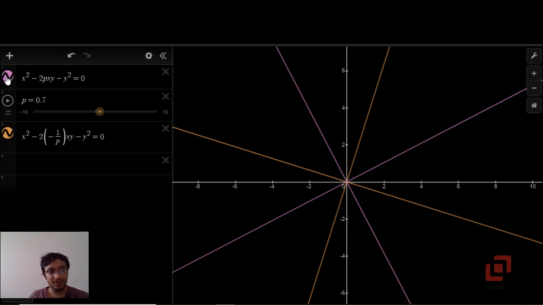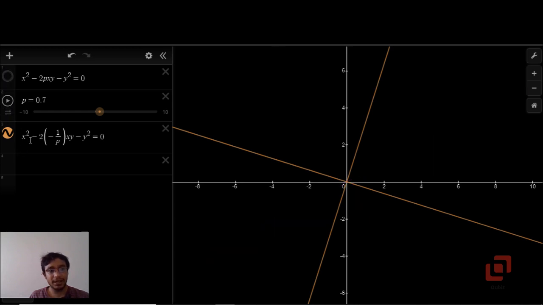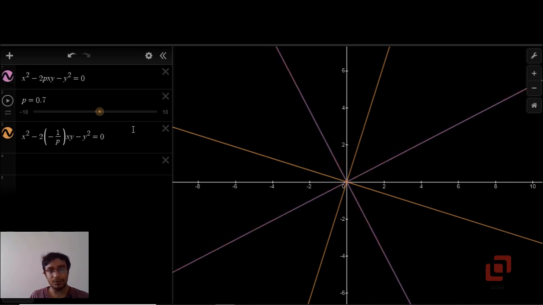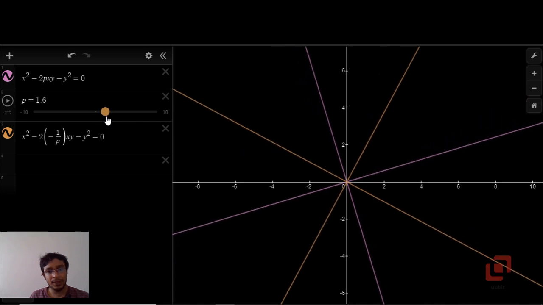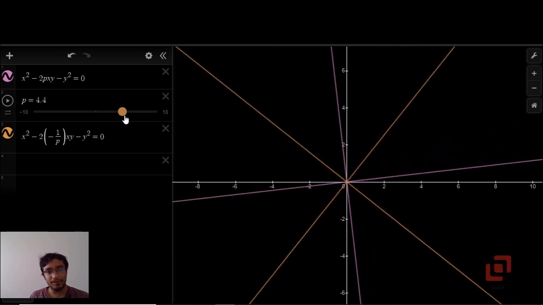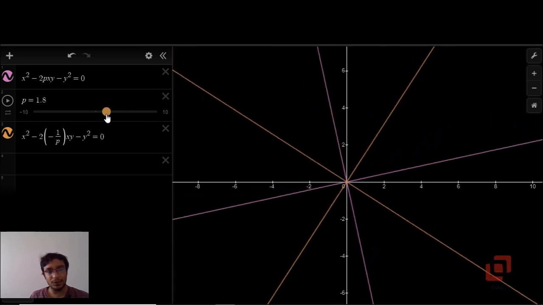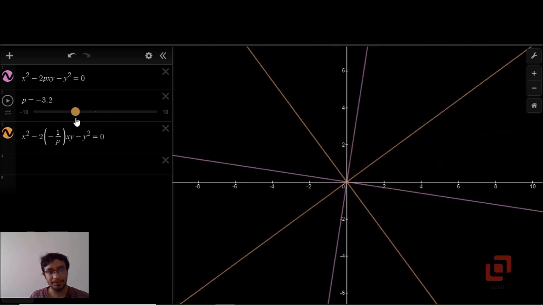Now in this equation I have taken x squared minus 2 into minus 1 upon p, so this minus 1 upon p is actually equal to q, xy minus y squared equal to 0. Okay, so let's now bring in both of them and observe that no matter what the value of p is, these lines are always going to be perpendicular to each other.